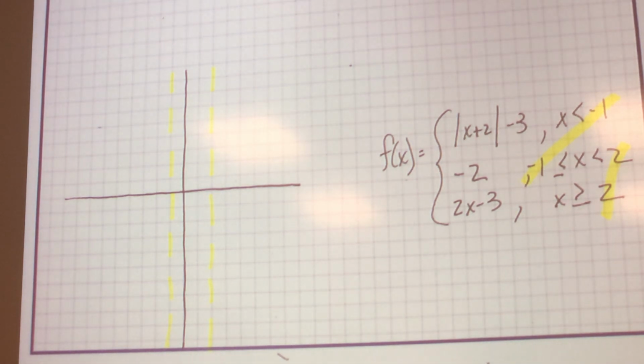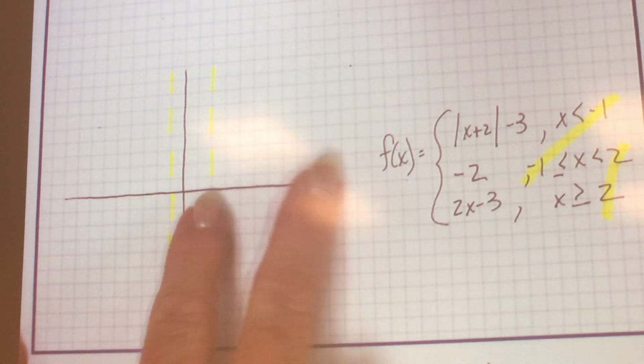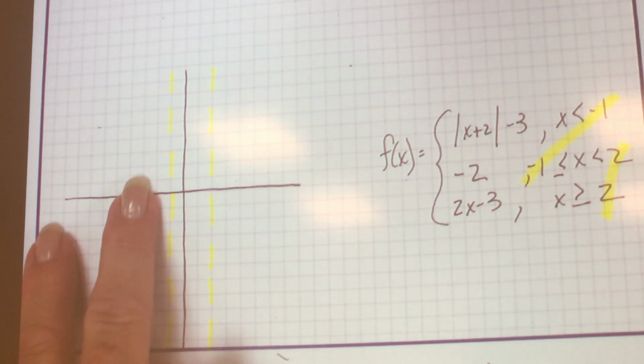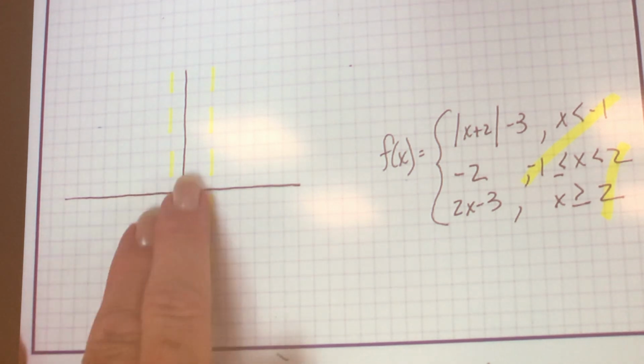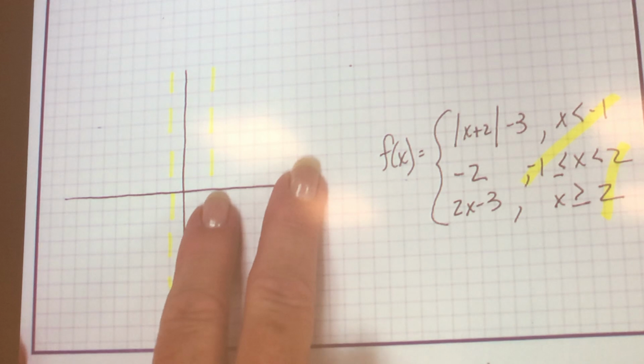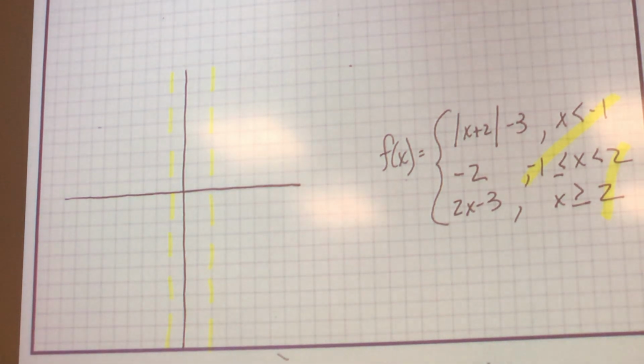So you're going to have one graph over here, one graph in the middle, and one graph over here. Those graphs never go outside their boundaries. This is someone's yard and nobody else comes in it. This is somebody else's yard, nobody else comes in it. This is somebody else's yard. No trespassing. Stay in your lane, however you want to say it, people.